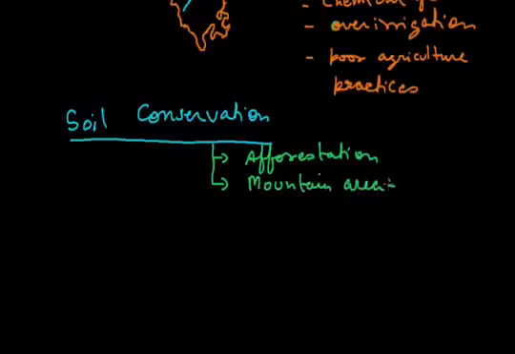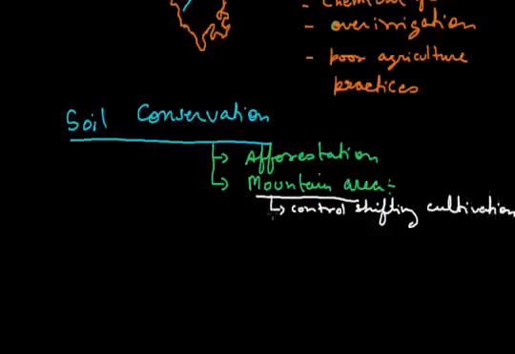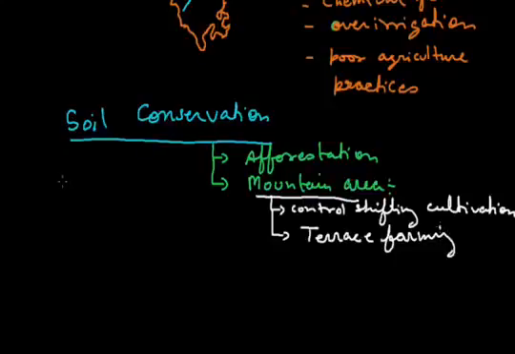In mountain areas a little bit different method we can use, like controlling shifting cultivation and terrace farming. Through terrace farming we can conserve soil. It is also known as step farming, like this.